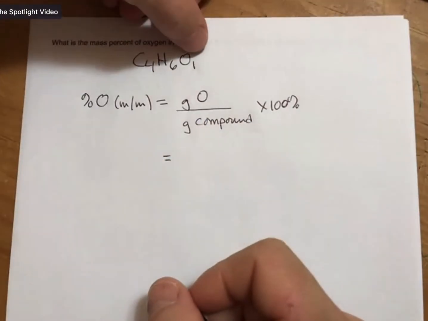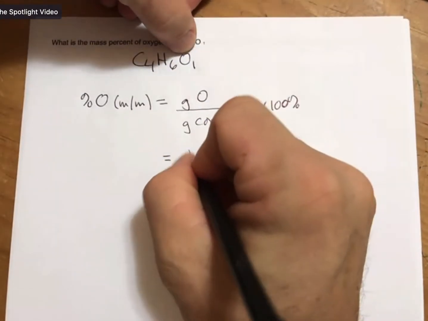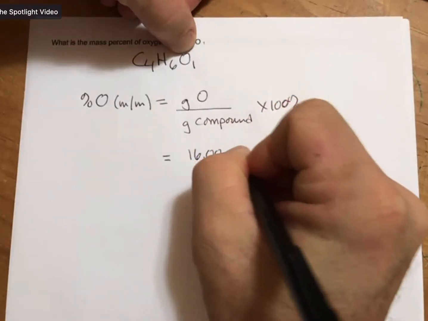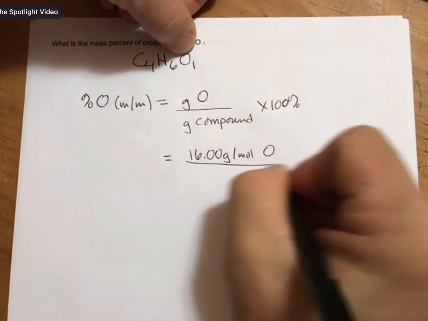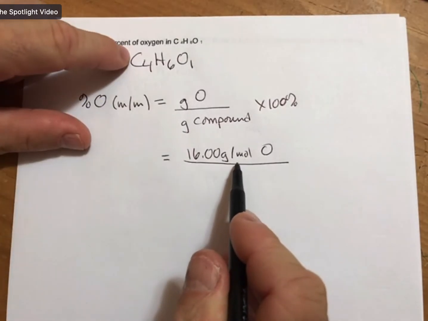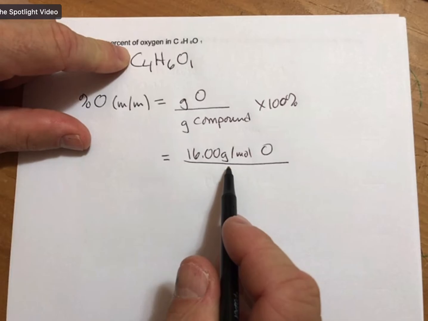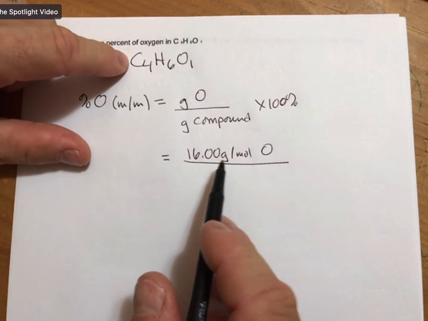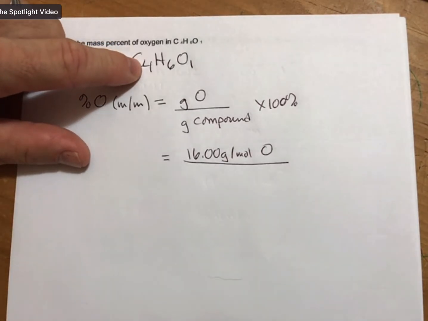For this one, there's one oxygen from the periodic table. That's going to be 16.00 grams. And we'll do grams per mole because we're going to be using 1 mole of the compound as well. Inside the compound, there are 4 carbons.